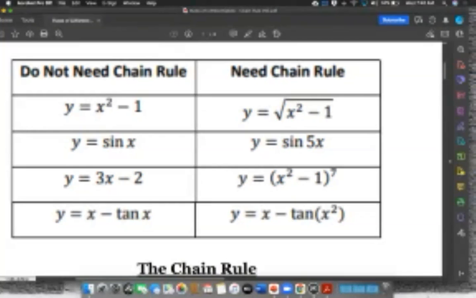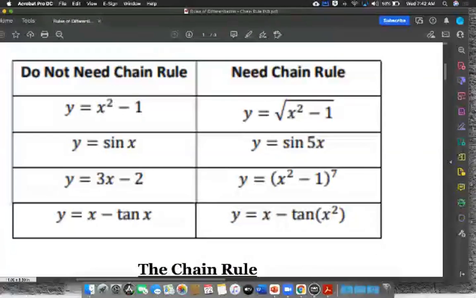What's the difference over here? We do need to use the chain rule for this. Why? What's different about it? The top one has a square root. What about this one, the sine? What's different about sine? Yeah, the angle's being multiplied by 5. So it's not just the angle by itself, it's 5 times the angle.